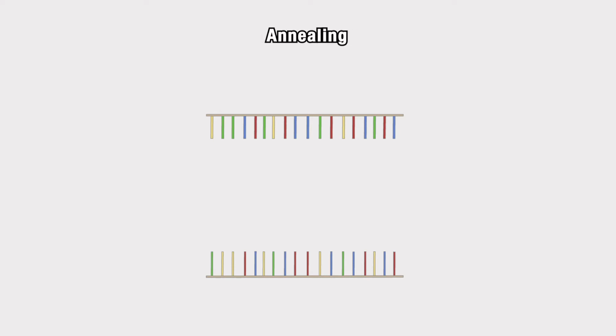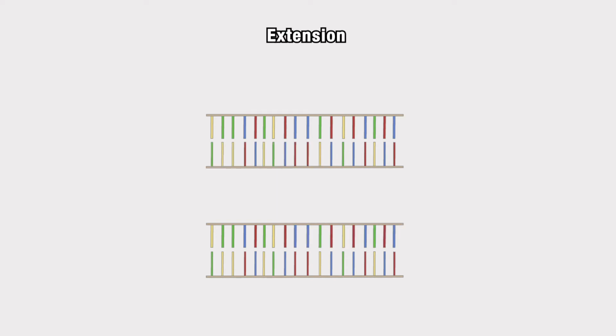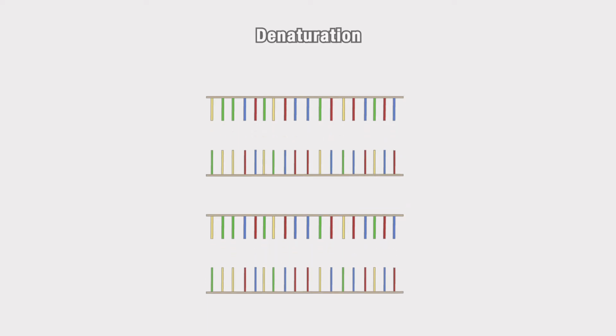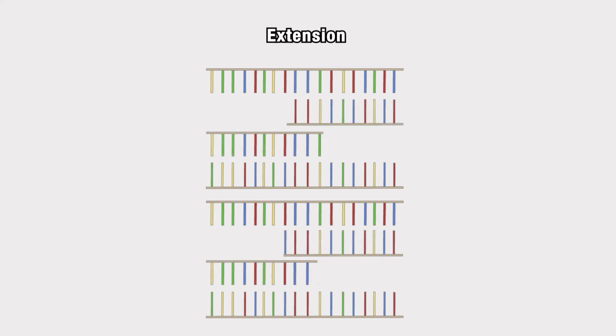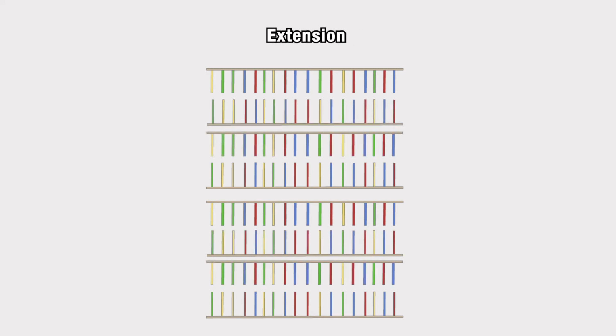The primers then anneal to the single strands of DNA and use each strand as a template to generate 2 new double-stranded DNA molecules. These steps are repeated in a temperature-dependent manner for many cycles in order to amplify the section of DNA you want to examine.